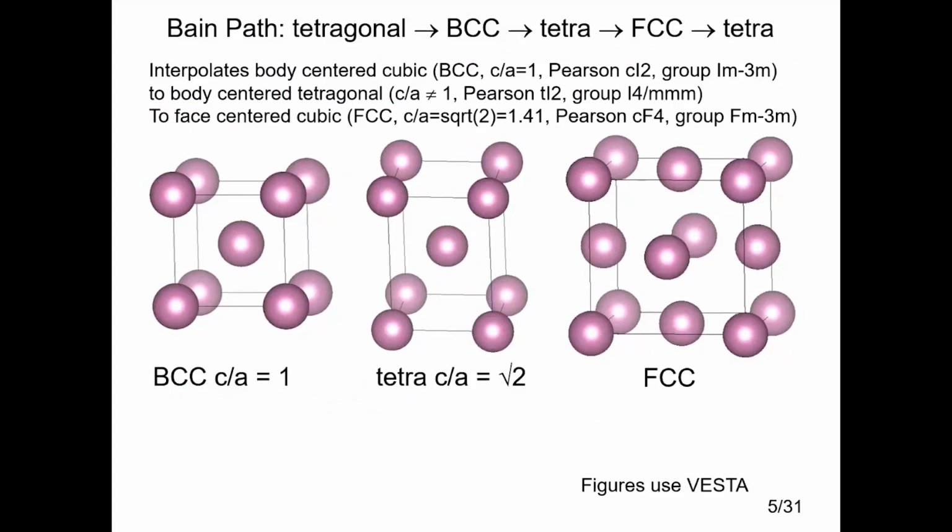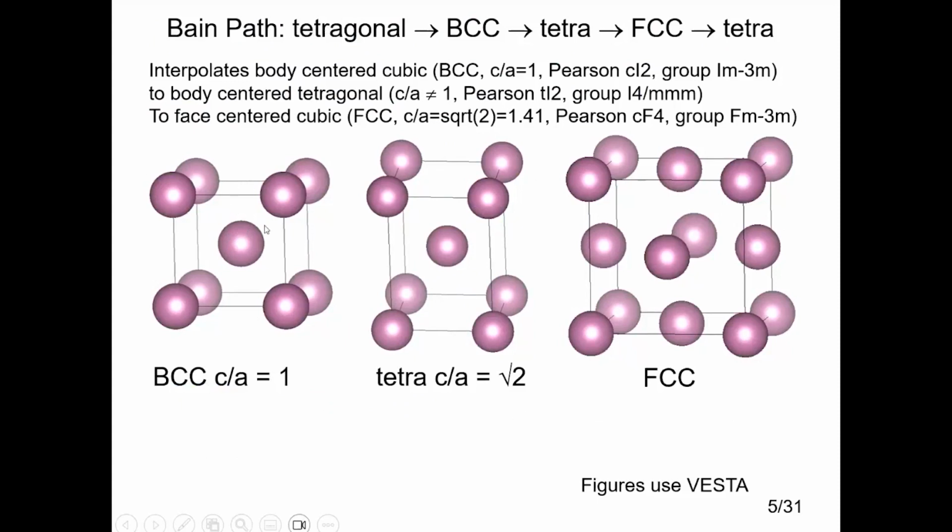In order to discuss the difference between these two tI2 tetragonal phases, I'd like to talk about the Bain path. So the Bain path is what you get if you start with a cubic structure and carry out tetragonal distortions.